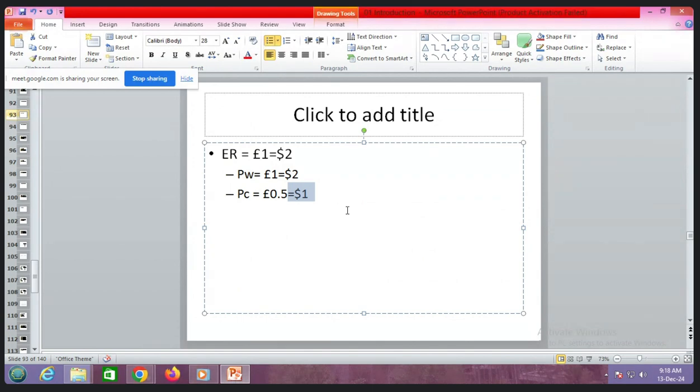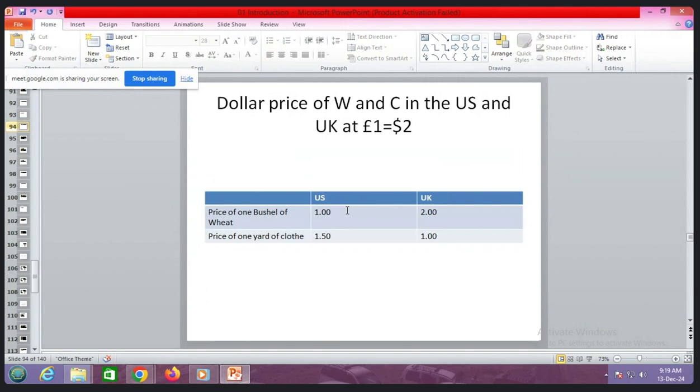So when we ask why a country should import from an inefficient trade partner, this is the explanation that is given. In money terms, UK wage is lower than US wages, and therefore UK gets an advantage in terms of the dollars. So if we see the dollar price of wheat and cloth in the US and UK, when the exchange rate is £1 equal to $2, this is the table that we can use, which is also given in the textbook, where we can clearly see the comparative advantage.